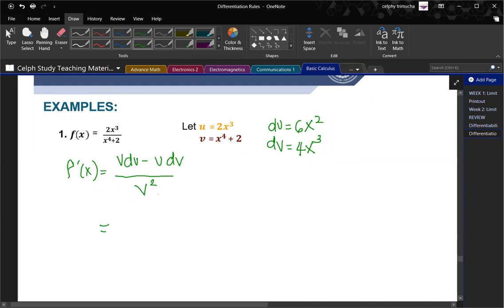So v naton is x to the fourth plus 2. Multiply natin sa du which is 6x squared minus u natin which is 2x cubed. Then, multiply natin sa dv natin which is 4x cubed.